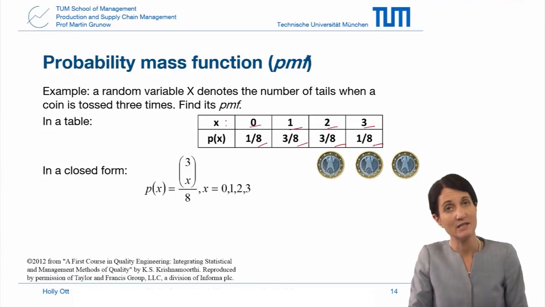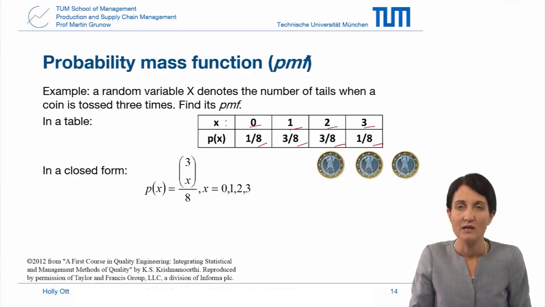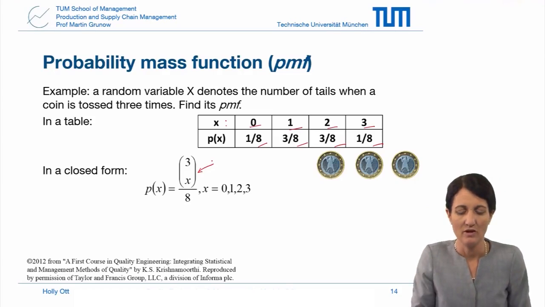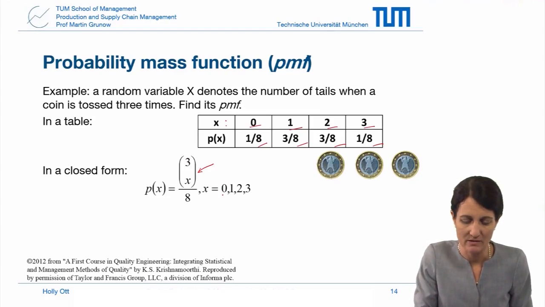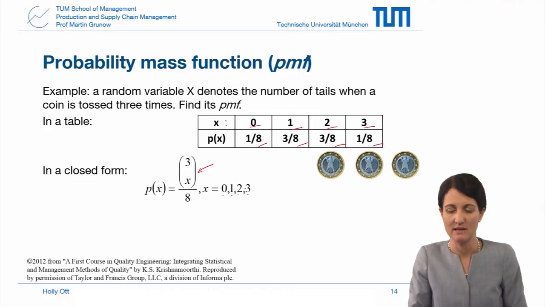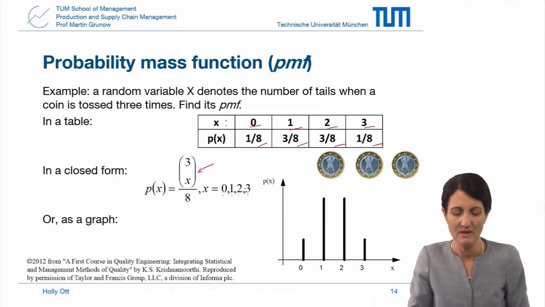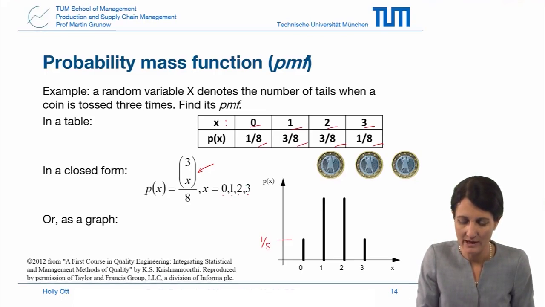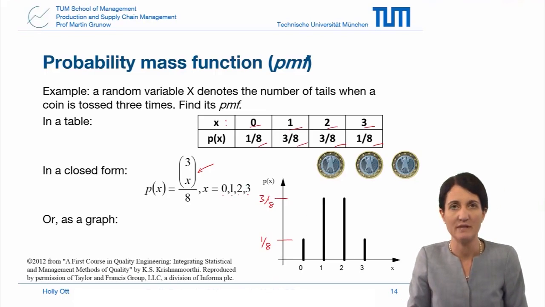We can write this in a closed form if we go back to our knowledge of mathematics as the combination from n equals 3 tosses of how many times we get a tail, where x can be equal to 0, 1, 2, or 3, and we come back to that in the binomial section. Or we can look at this as a graph. So here we have probability of 1/8, here we have a probability of 3/8. And this is our PMF.